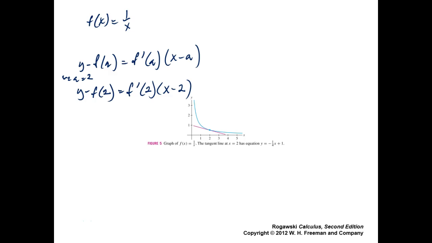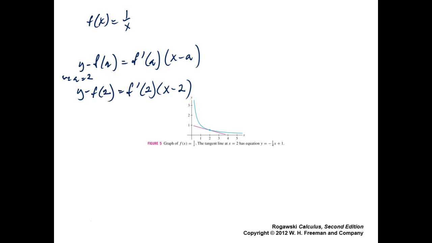What I meant was, we need to know what f of 2 is, and we need to know what f prime of 2 is. We're going to leave the x in there for now. Later we'll play. Because we're going to let x equal 2, aren't we? So we know what x will be, 2, ultimately.